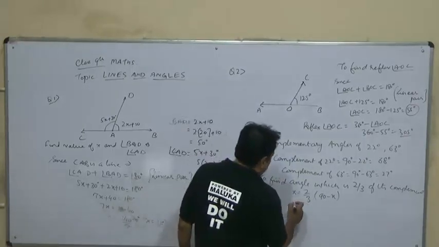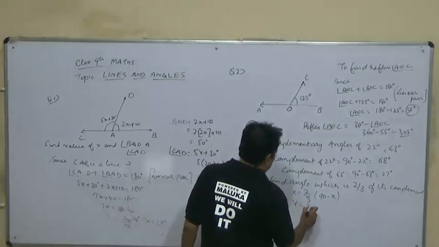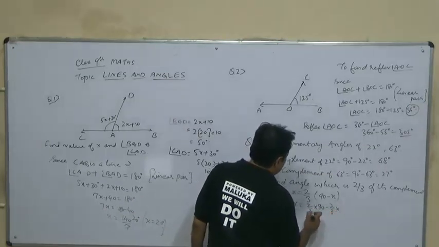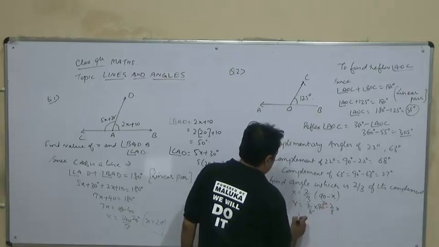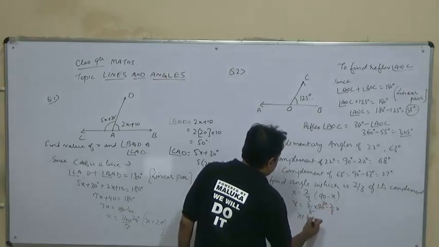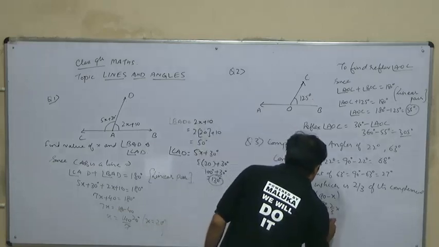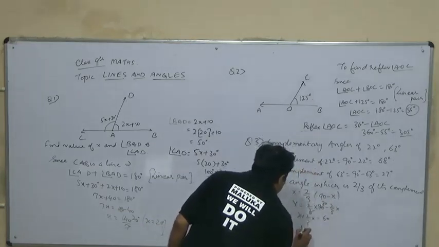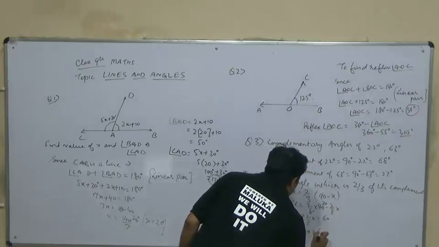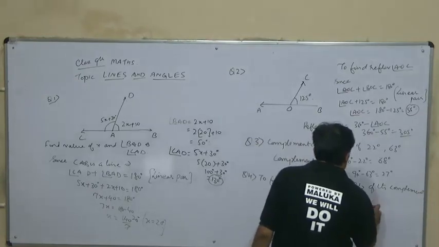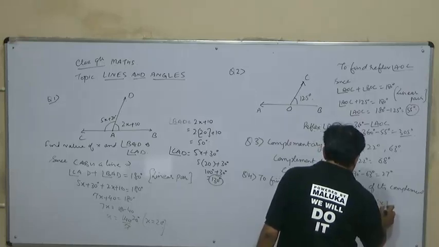So x is equal to 2/3 into 90 minus 2/3 x. So this will be 30. So x plus 2/3 x is equal to 60. So 5/3 x is equal to 60 degree, and x will be equal to 60 degree into 3/5.